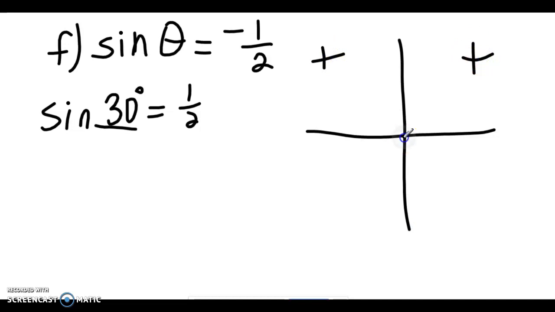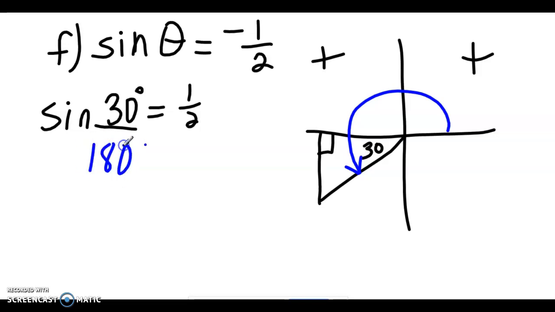So my reference angle for quadrant 3 would be right here, and I would draw the angle that ends there. And how do we figure that measure? 180 plus 30, which is 210.